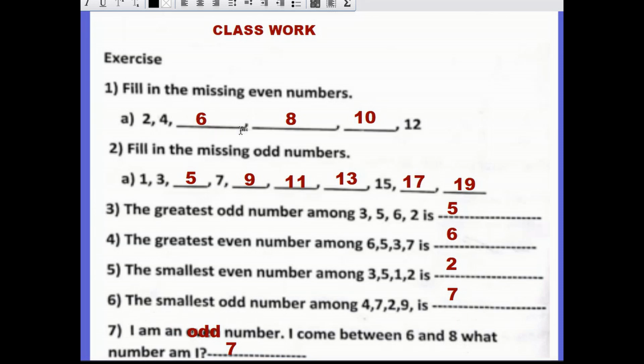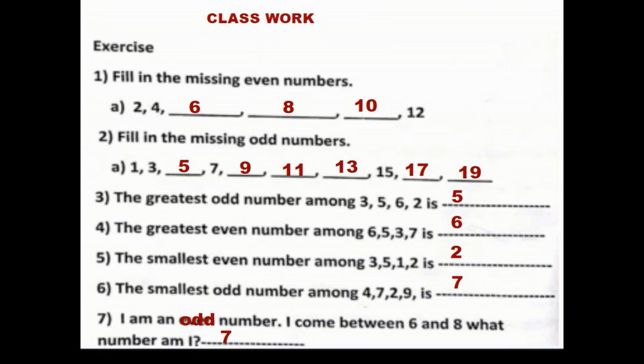The first missing number is what? 6, because we start with 2, 4 and 6. The answer is 6 because there is a gap of 2, or a difference of 2, between 2 consecutive numbers. And next, fill in the missing odd numbers: 1, 3, 5.